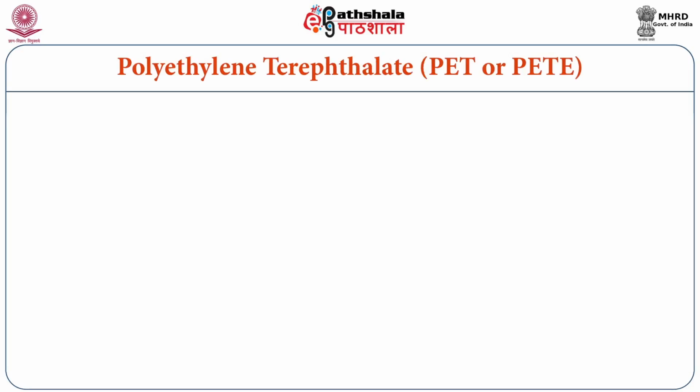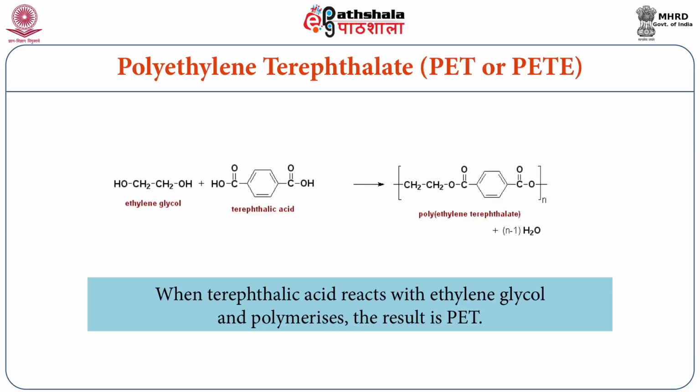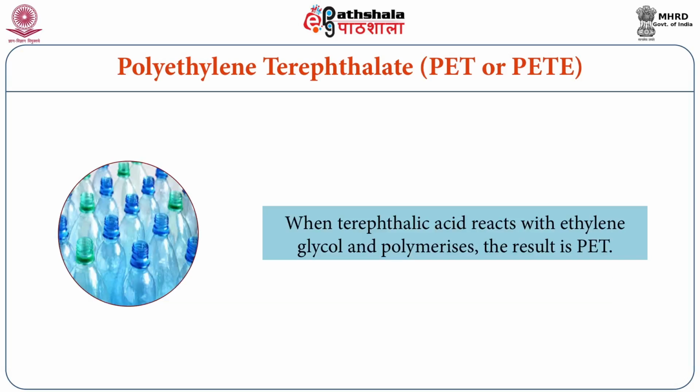Now, polyethylene terephthalate or PET. When terephthalic acid reacts with ethylene glycol and polymerizes, the result is PET. PET can be made into films by blowing or casting. It can be blow molded, injection molded, formed, extrusion coated on paperboard and extruded as a sheet for thermoforming.